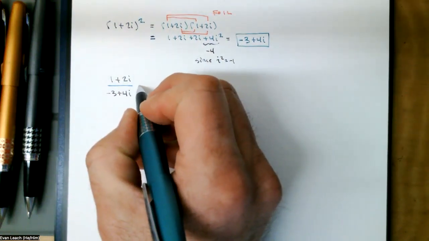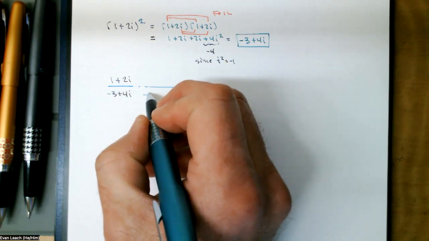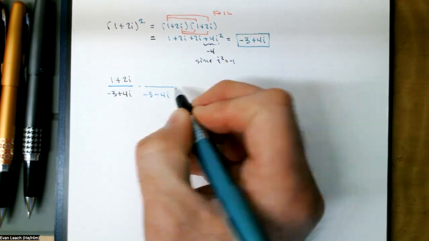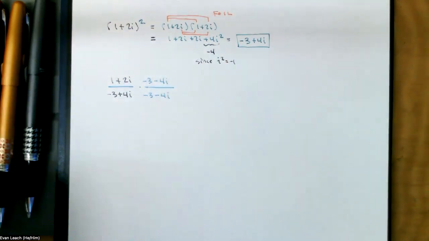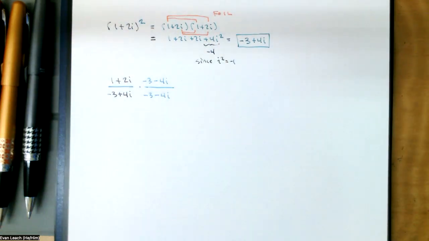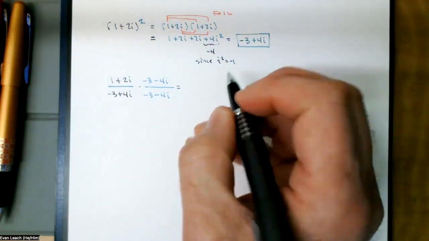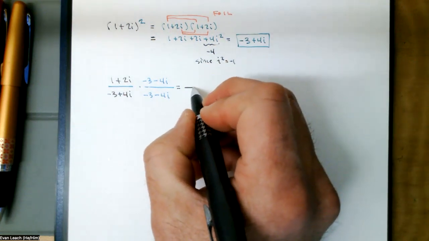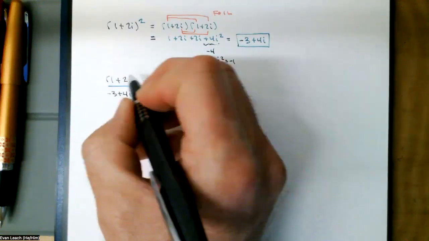What we do is we multiply by the conjugate of the denominator on the top and bottom. For division, we multiply by the complex conjugate of the denominator. So in the end, we have to FOIL on the top and the bottom.